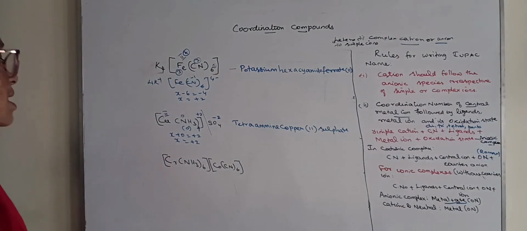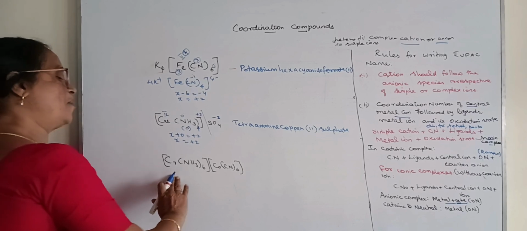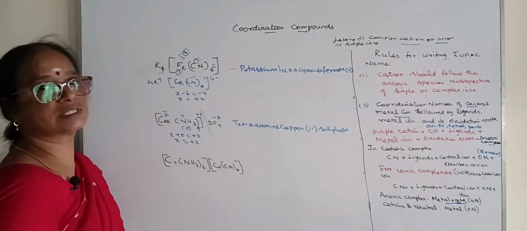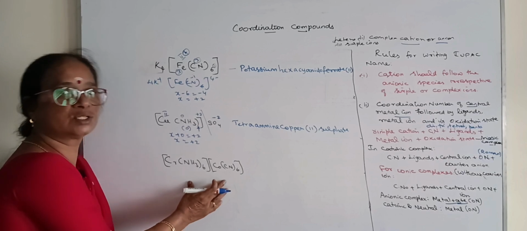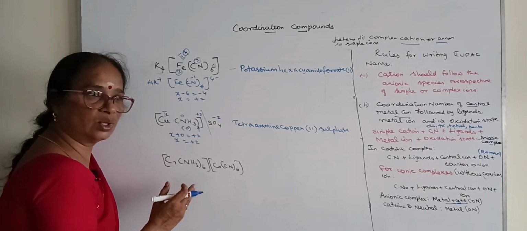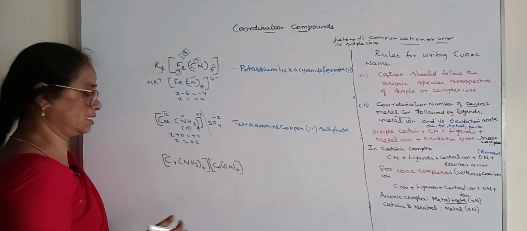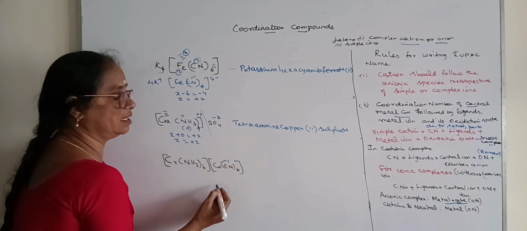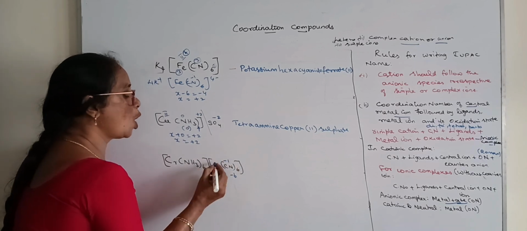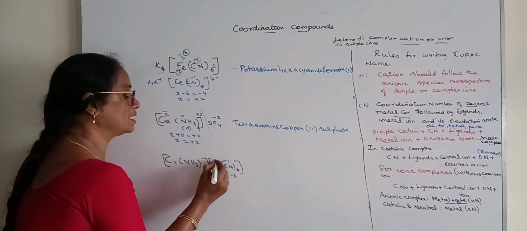That's all. Now let's go to the complex cation and complex anion. Whatever we discussed over here, we are going to apply here too. First thing, what do we have to do? Identify the charges. Here cyanide is 6 times, it is -1, so -6. Cobalt is actually in the +3 state.